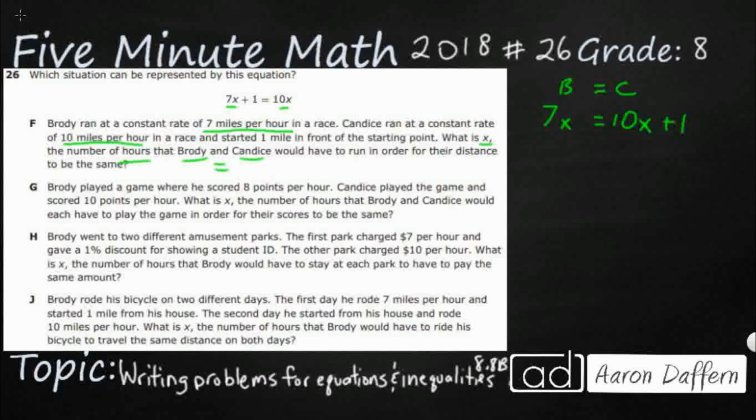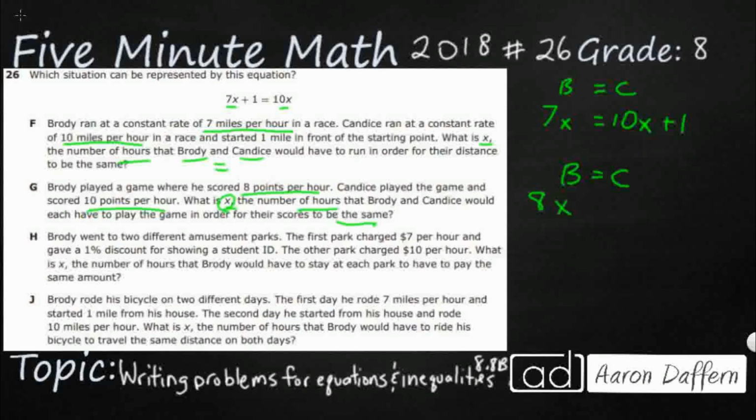Brody played a game where he scored 8 points per hour. Candace played the game, scored 10 points per hour. What is x, the number of hours that Brody and Candace would have to each play for the scores to be the same? So once again, we're doing Brody and Candace the same. But Brody's just 8 an hour, and x is the number of hours.